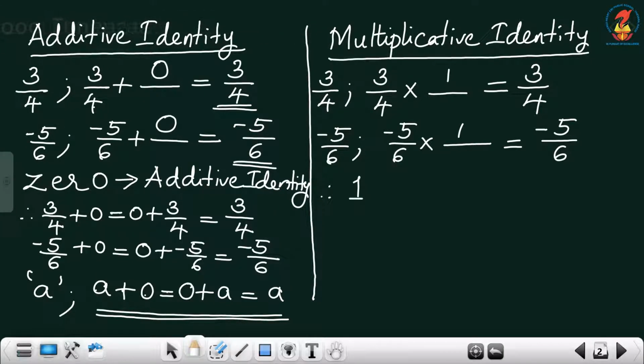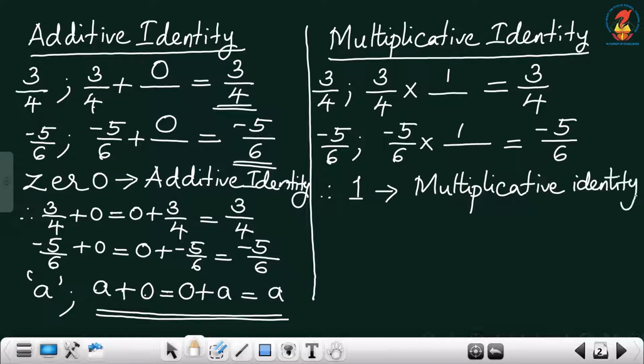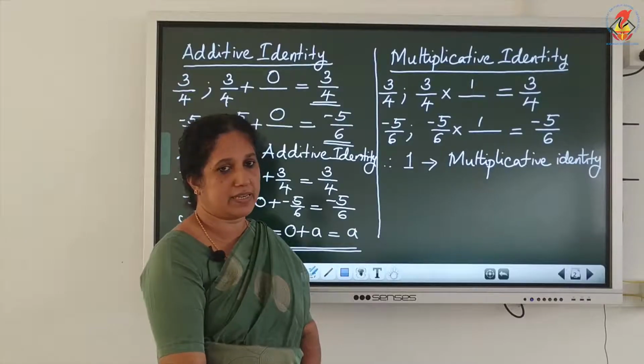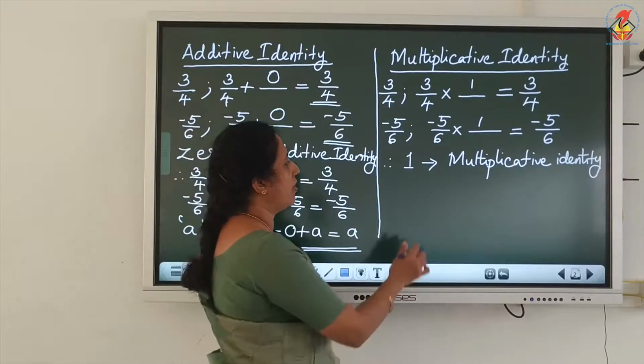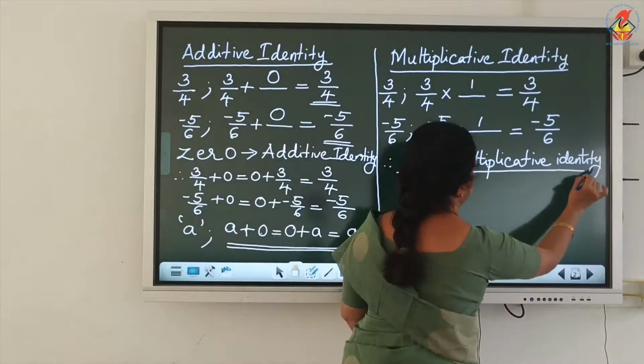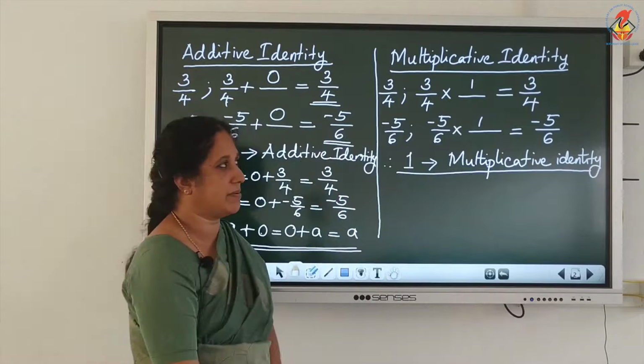Therefore, 1 is the multiplicative identity for rational numbers. When you multiply any rational number with 1, you get the product as the same rational number.